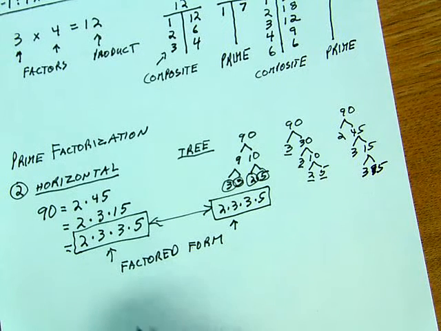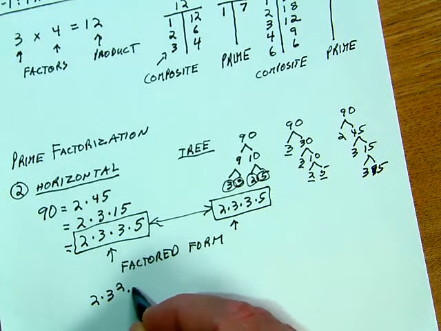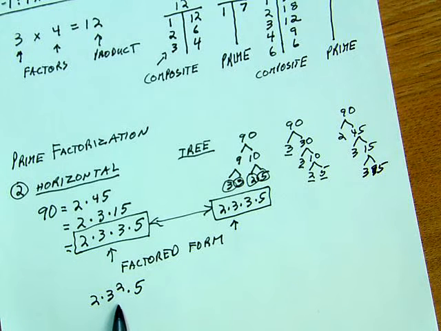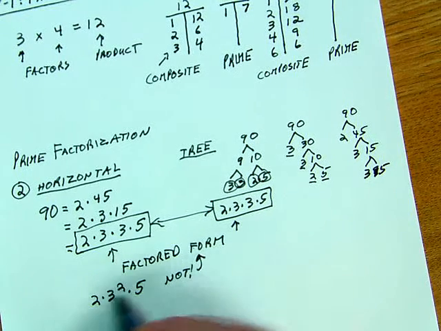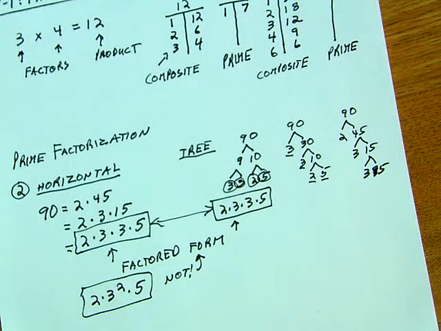Okay? Sometimes you'll see that in this form. And you'll notice instead of writing 3 times 3, they wrote 3 squared. Okay? That is not factored form. Although it's still a valid answer, it's not the factored form of the answer.